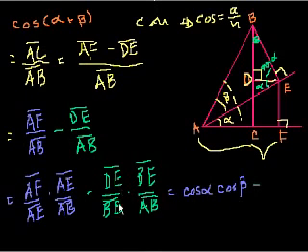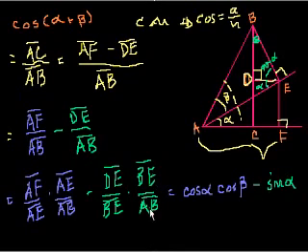Switch my colors. Minus DE over BE. Well, this angle is alpha, right? A little smudge, you probably can't read it, but that was alpha. We showed that was alpha. So DE is the opposite, and BE is the hypotenuse. Opposite over hypotenuse is sine, so that's sine of alpha.